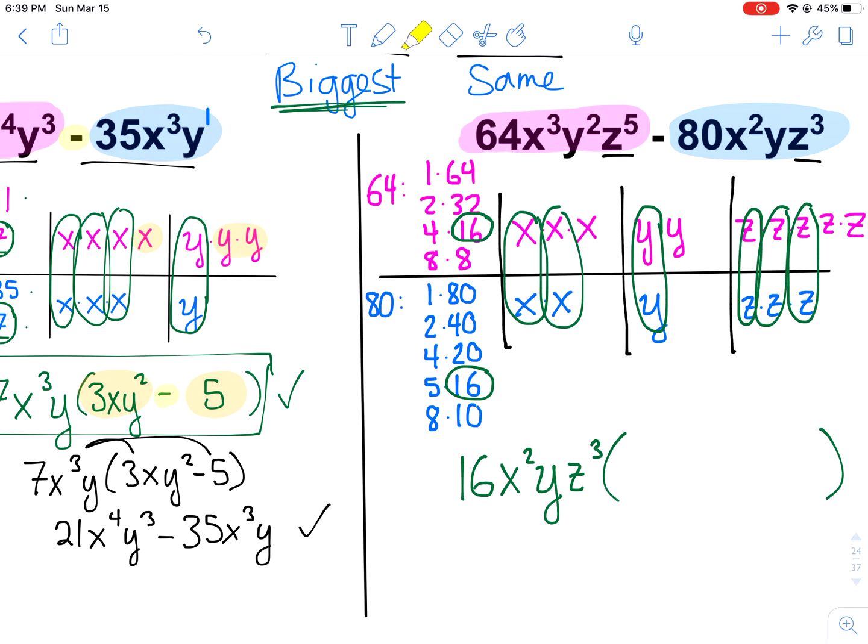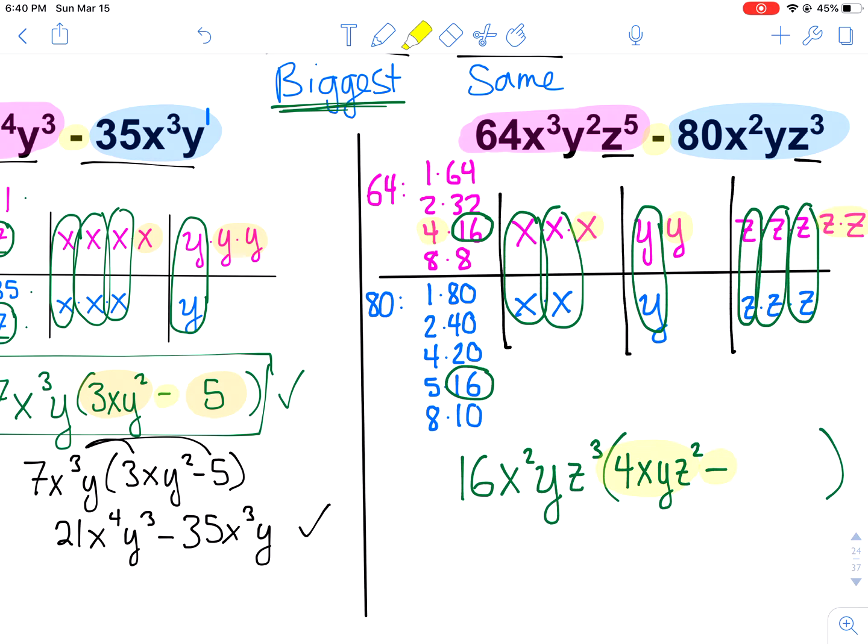It looks like we have subtraction, so we're going to subtract. And we have 64 divided by 16, 4, 1x, 1y, 2 z's. So 4, one x, one y, two z's.